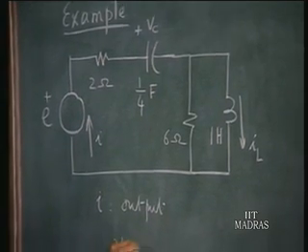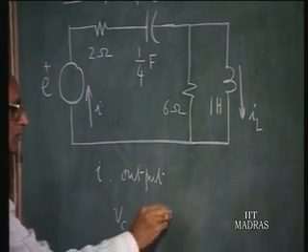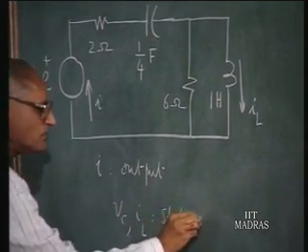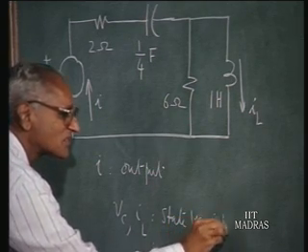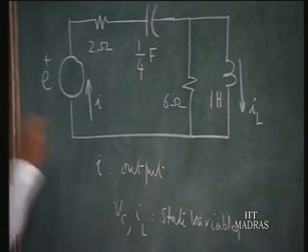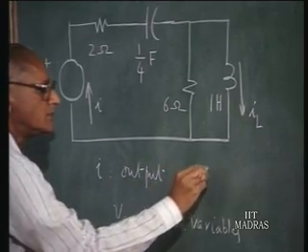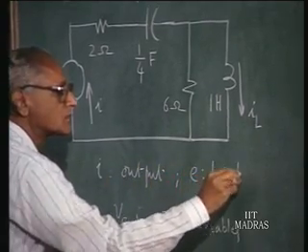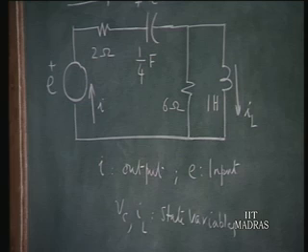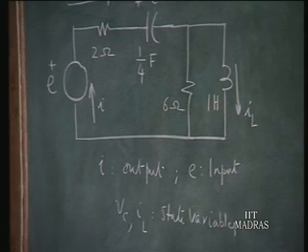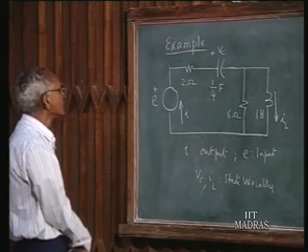So, this is x1 and this could be x2, and the input is E. So, the u vector is only one variable, E. With this identification, let us try to form the equations x dot equals Ax plus Bu and y equals Cx plus Du in the standard format.